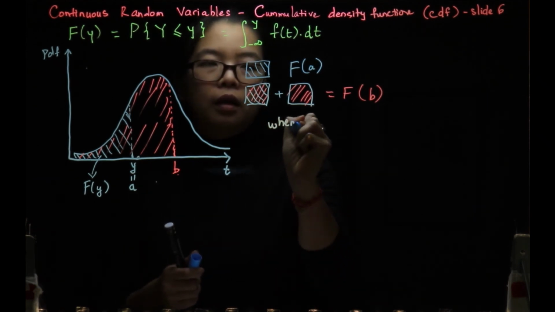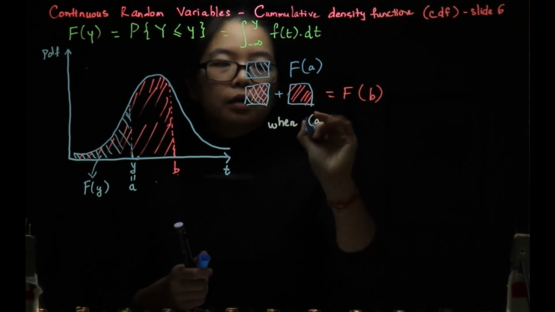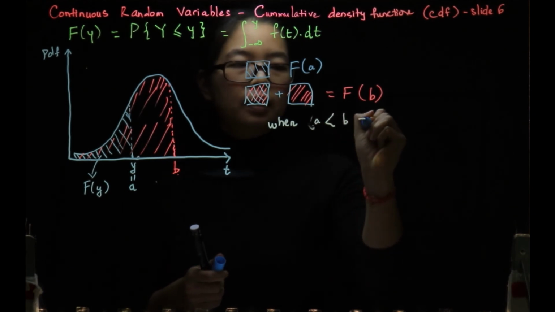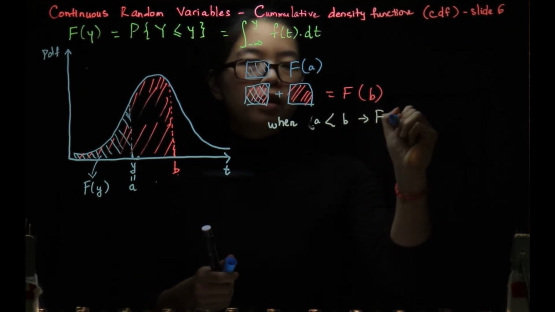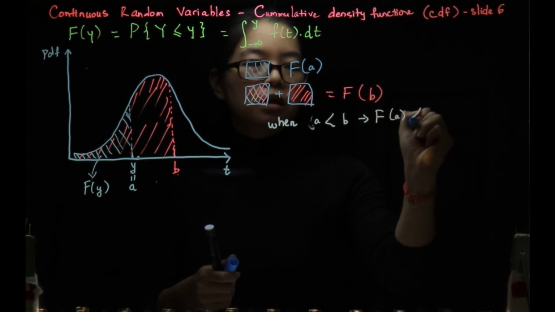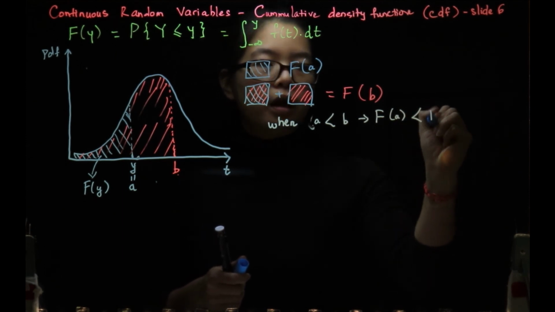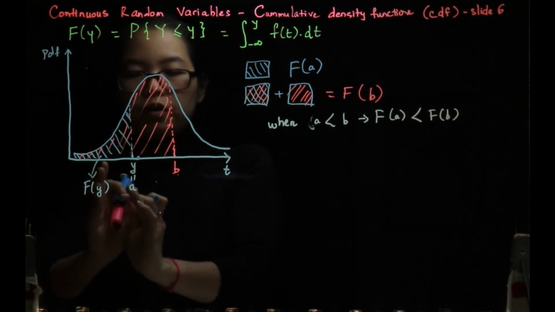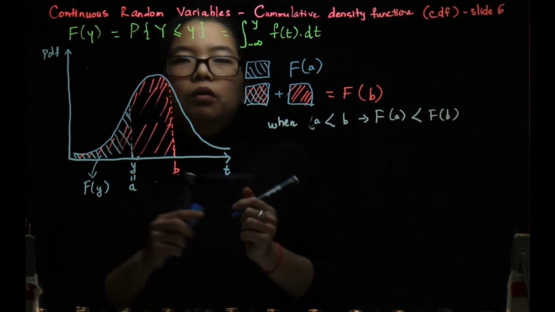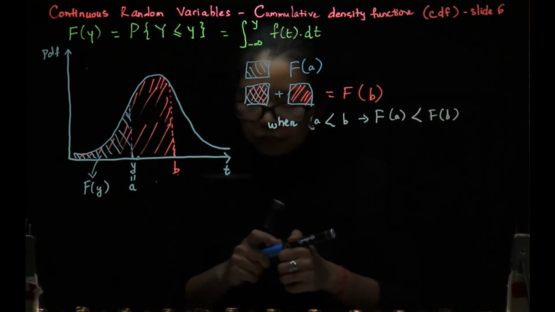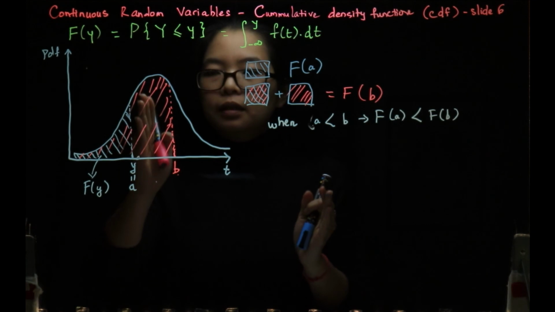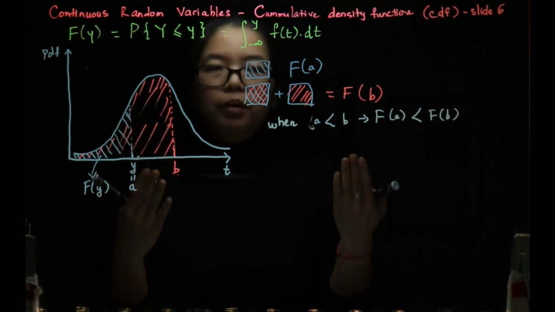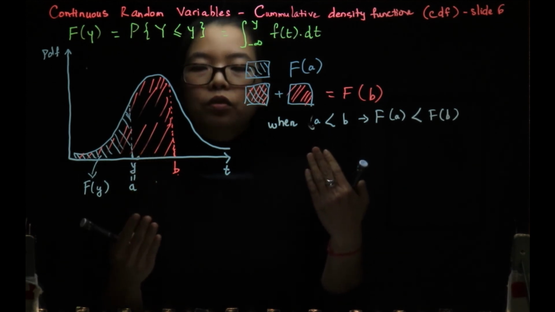So one thing you could realize already is when A, no need for brackets here, is smaller than B, then F(A) is smaller than F(B), right? The area below the curve up to A is smaller than the area below the curve up to B. And this area, because it is an area, must be larger than 0.